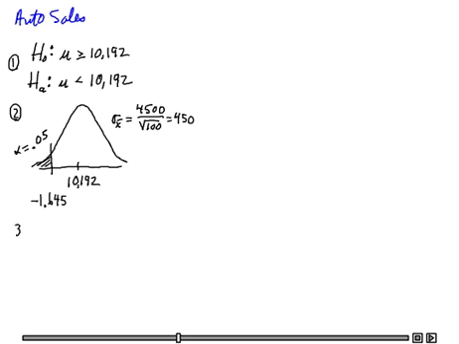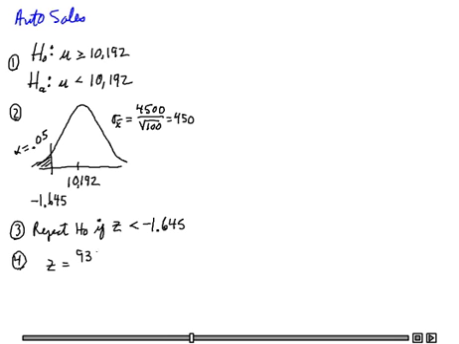My step 3 then would be to create a rejection rule. So I'm going to reject H sub 0 if my test statistic z is less than the negative 1.645. And the test statistic I'd be talking about in this problem is the z value for the 9,300.